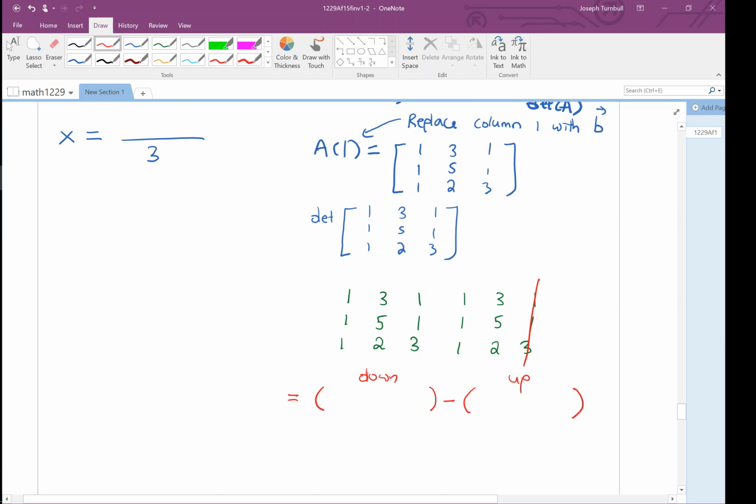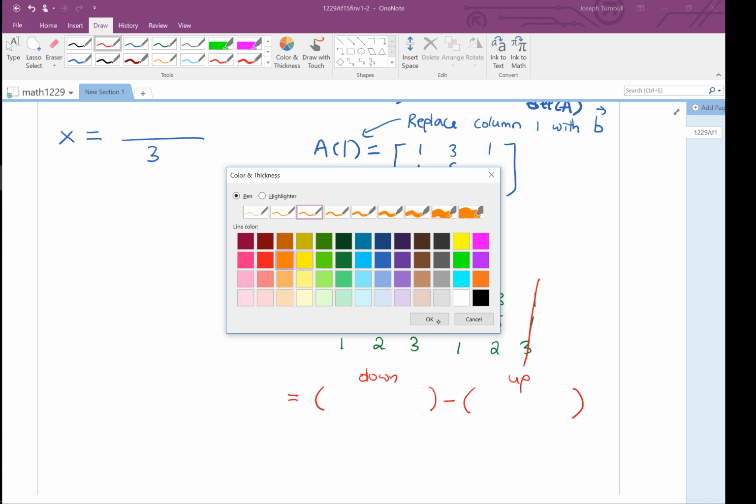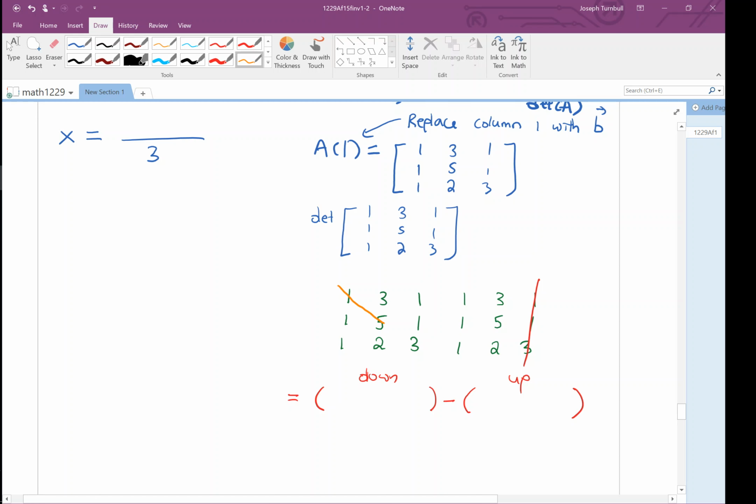Okay, here we go. Down product, 1 times 5 times 3, we got 15. And another down product, 3 times 1 times 1, plus 3. Another one, 1 times 1 times 2, plus 2. It's a nice number, 20.